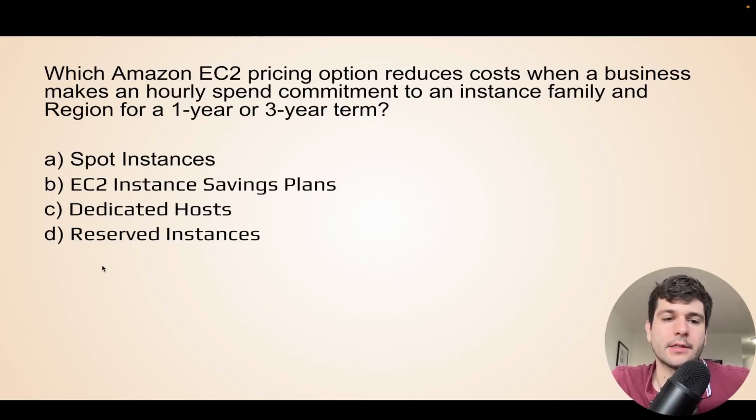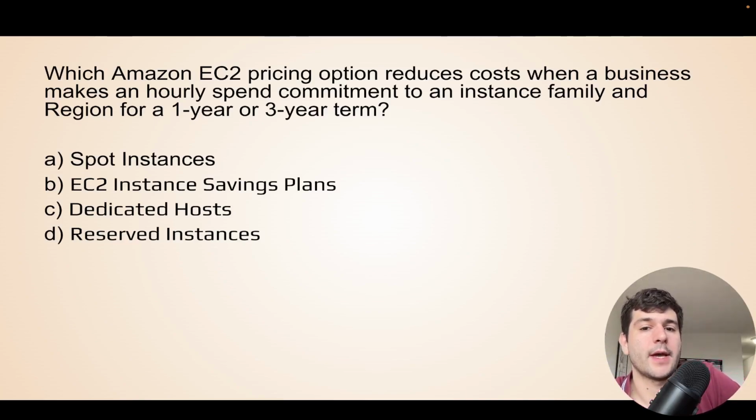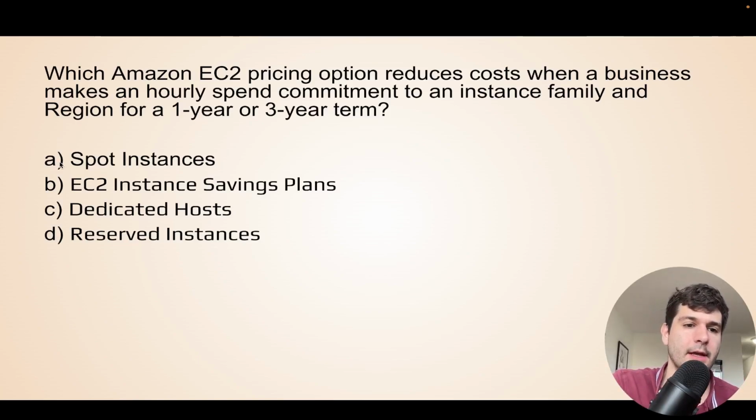All right, next question. Which Amazon EC2 pricing option reduces cost when a business makes an hourly spend commitment to an instance family and region for a 1 or 3 year term? This is a tough one actually, but we can eliminate some wrong answers.